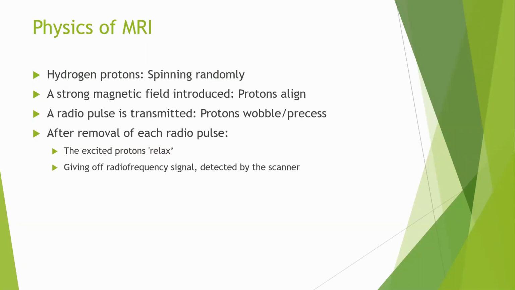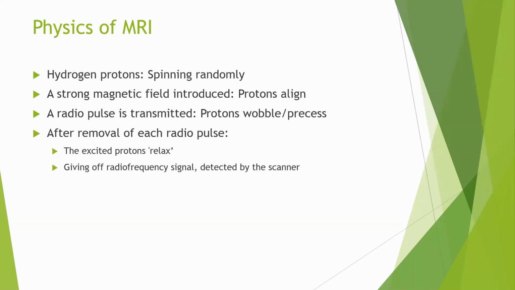So what happens after that? I can understand that after a magnetic field is introduced, the hydrogen ions are wobbling. And they align by themselves. They become static. Fantastic. Now, when a radio frequency pulse is transmitted, it makes the hydrogen protons wobble or move.